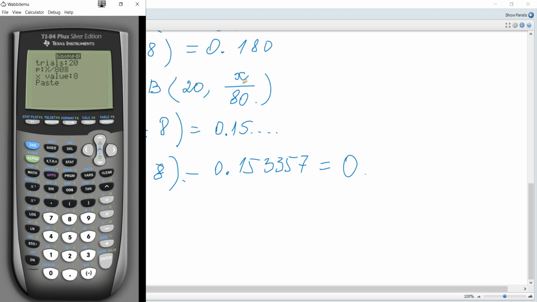In your equation it may be any letter, but in a calculator the unknown value will always be x. And x is 8, and enter.